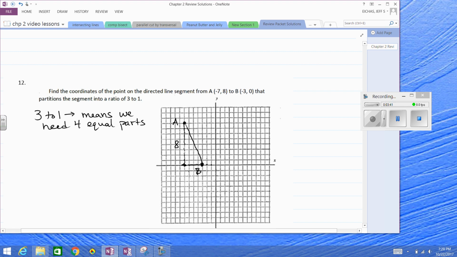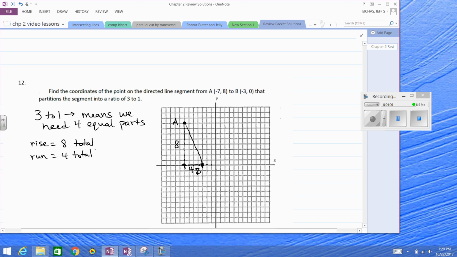The rise is 8. From A across to B, the run is 4. Okay, you only really have to do this either way. So consider the rise is 8 total, right? The run is 4 total. Now I want to break that up into 4 equal parts, right?